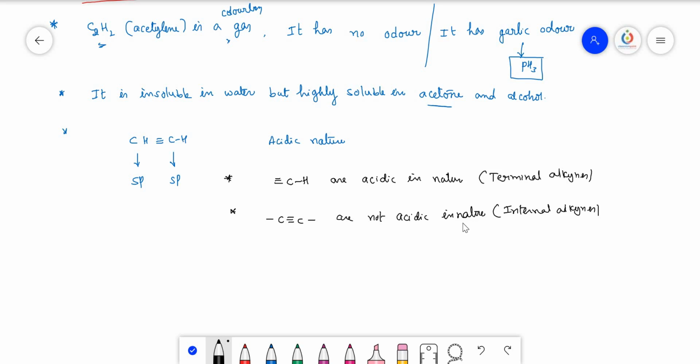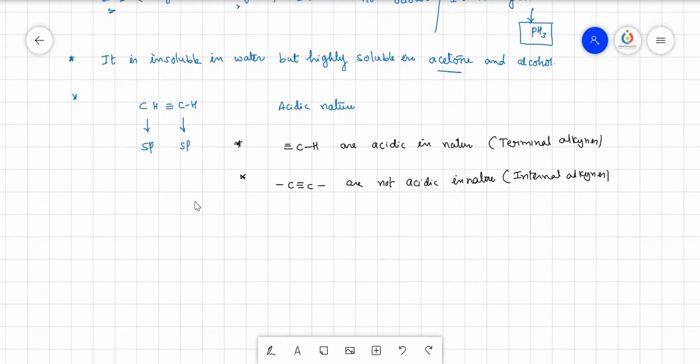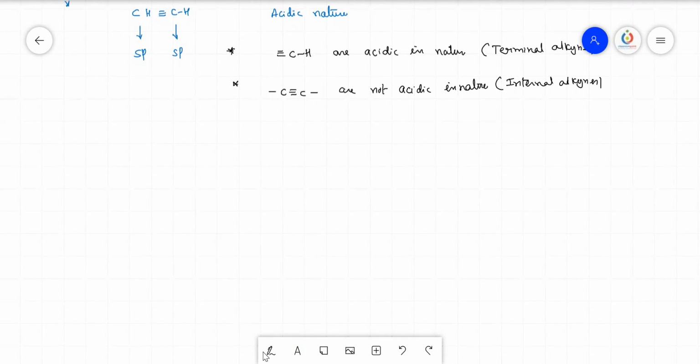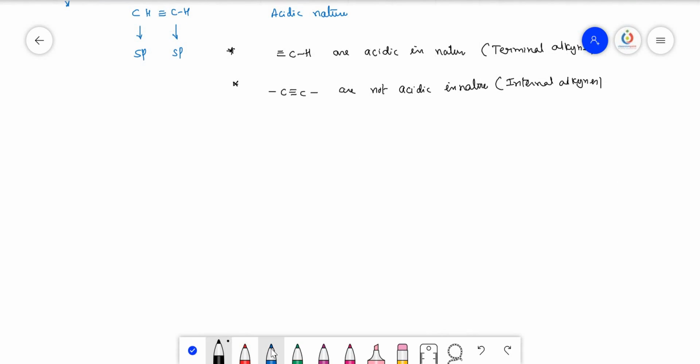So only internal alkynes are not acidic in nature, only terminal alkynes are acidic in nature. Let us see why terminal alkynes are acidic, and why this is not possible in the case of internal alkynes. The terminal alkyne structure will be like this, and an internal alkyne structure will be like this.